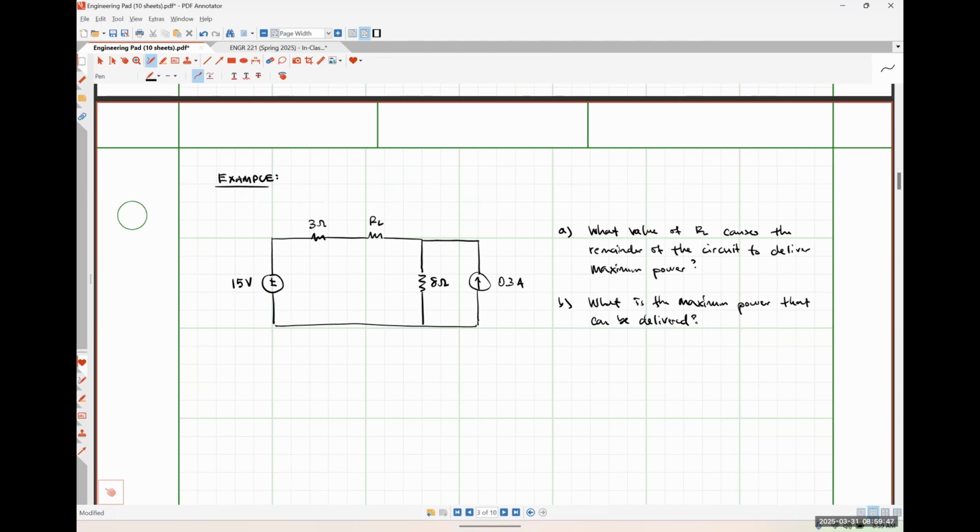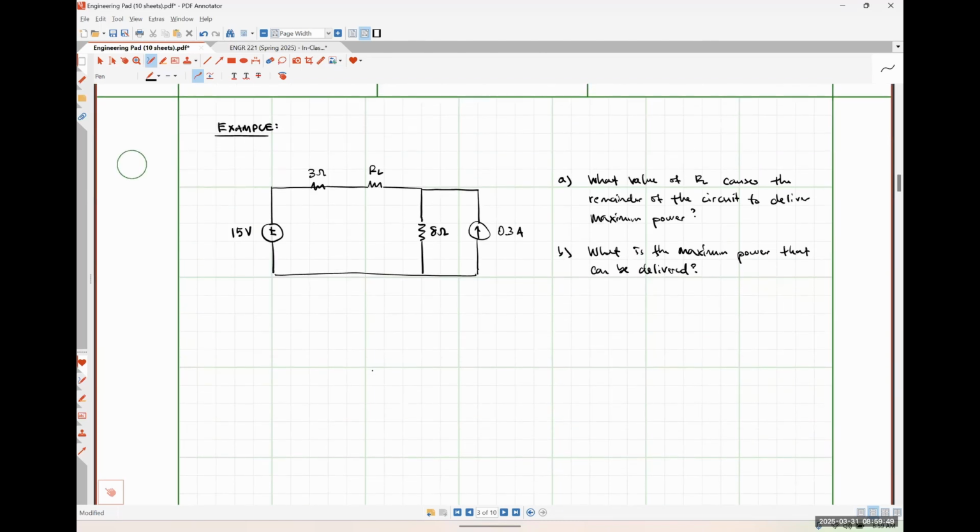So how would we convert this network up here into a single practical source connected to resistor RL? So turn the practical current source on the right-hand side into a practical voltage source, which puts everything in series. Then we could just do resistor combinations and voltage source combinations and be done.